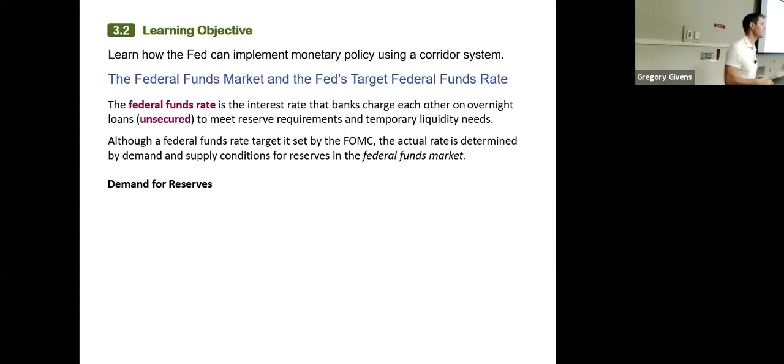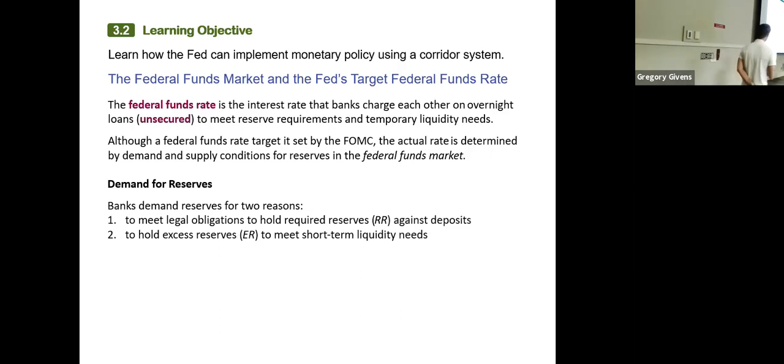And that's what we're going to talk about for the rest of class today. Let's focus on demand first, okay? Now again, why is it that banks demand bank reserves or reserve balances? Well, for two reasons. One, they have to meet legal obligations to hold required reserves against their deposits, okay?